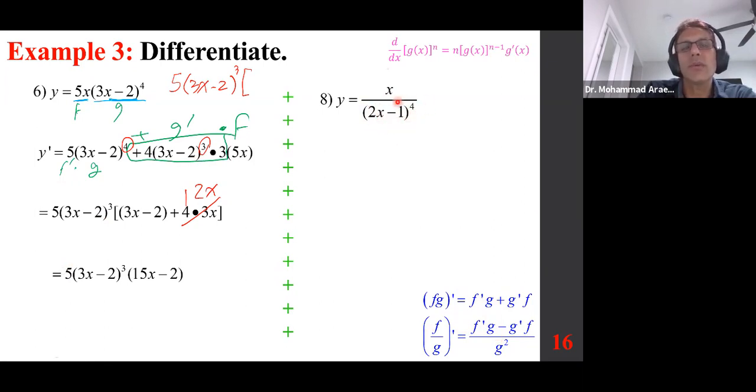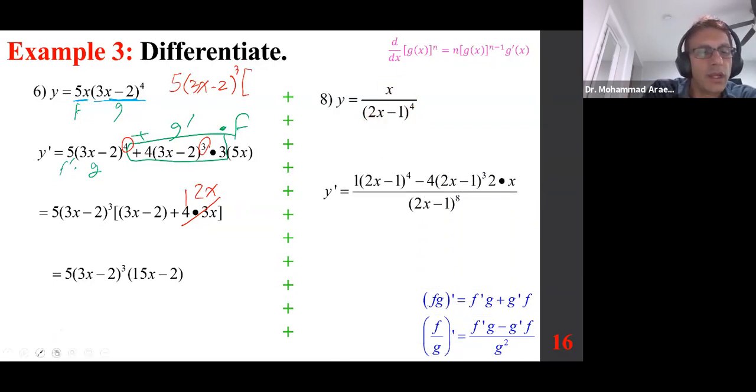What is the derivative of the bottom? 4. Excuse me, times 2x minus 1 cubed, then times 2, and then times the top, which is x, over the bottom squared. Again, I want to write this for everybody, that if this is f and this is g, so this is f prime g, this whole thing.